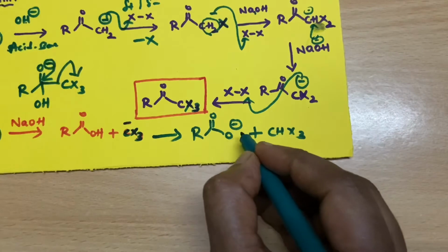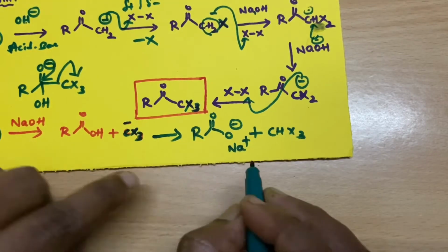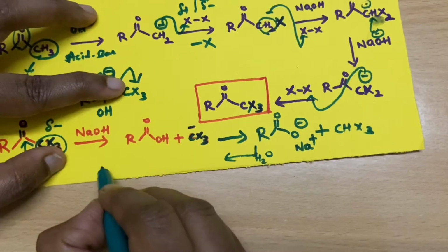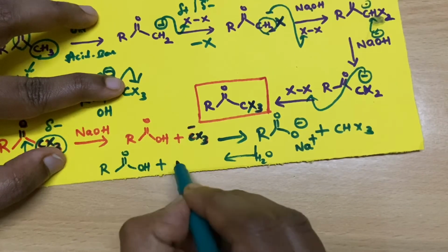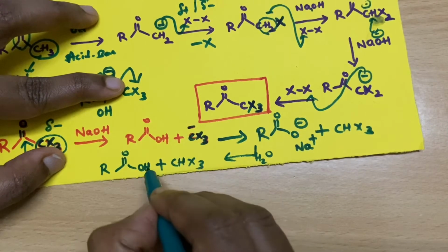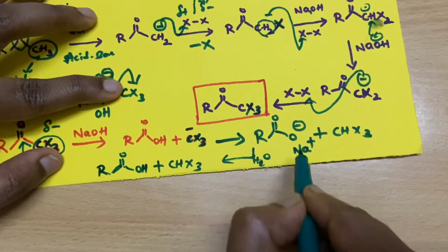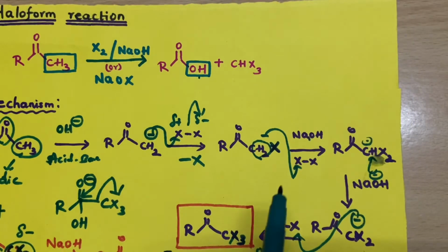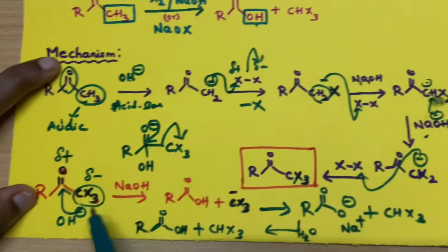So you will get CHX3. What is the counter ion here? Sodium plus, a salt. When you process with water, finally the sodium will get replaced with a proton. Finally we process with water, that's all. You understood, students? So how many hydroxyl have we used? 1, 2, 3 and 4.